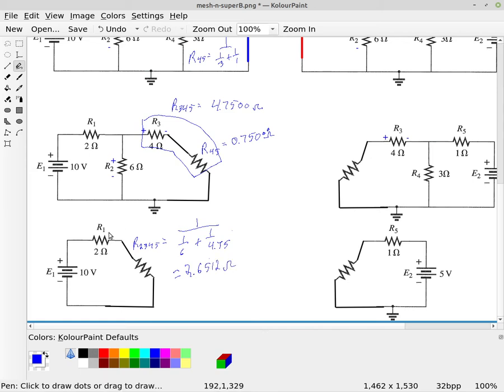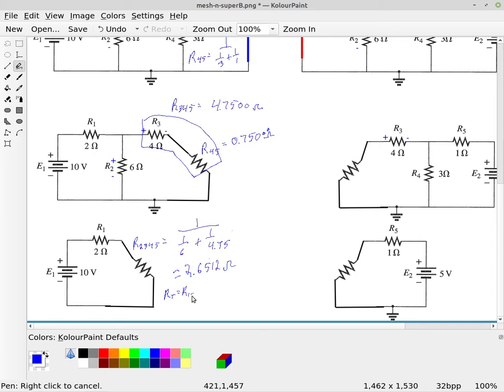Alright, and so finally we have that R1 is in series with that combination. So R total is seen by the 10 volt supply E1.